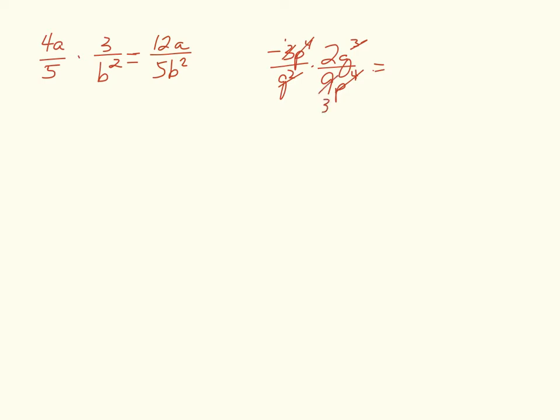So let's see what we have. We have negative 3p. Those cancel, so all we have left is 1 times 2q. So negative 2q all over, let's see, the q squares cancel, and a 3 is the only thing that's left. So we have negative 2q over 3.